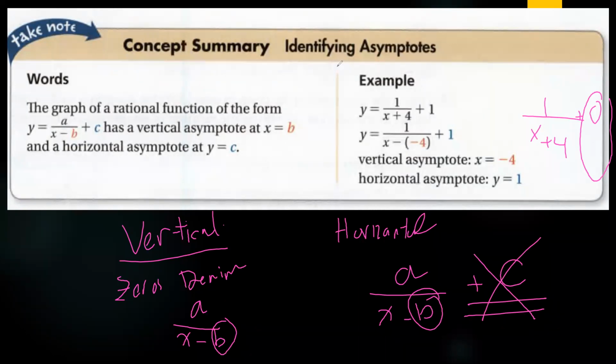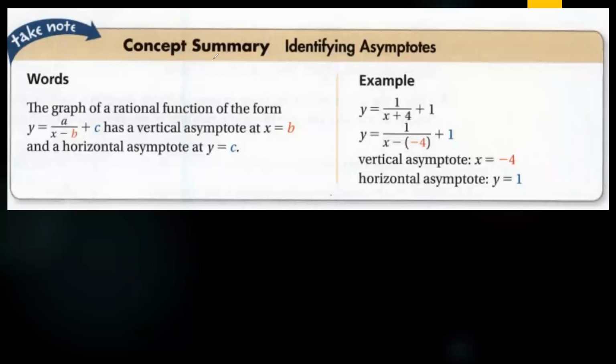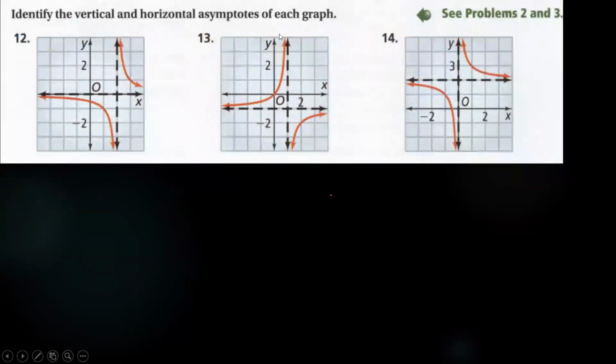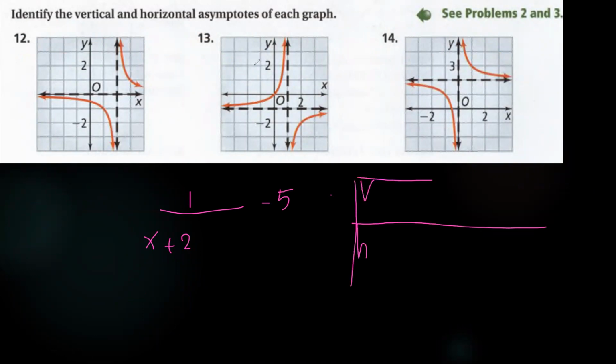Let's have another example. If I give you 1 over x plus 2 minus 5, what is the horizontal asymptote and what is the vertical asymptote? Who can tell me the vertical asymptote? -2.